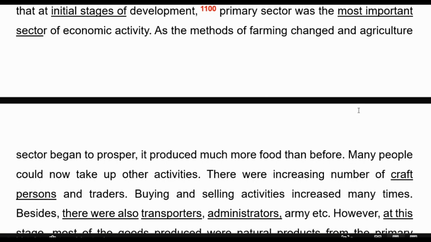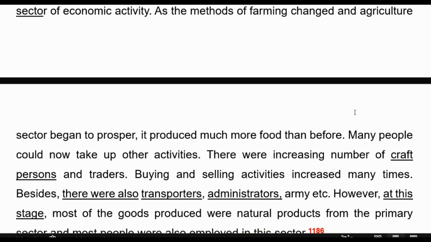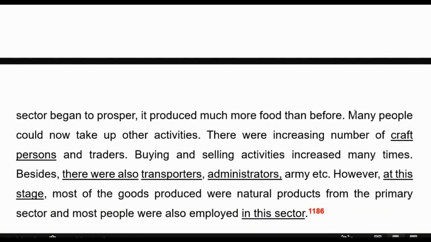There were increasing number of craft persons and traders. Buying and selling activities increased many times. Besides, there were also transporters, administrators, army, etc. However, at this stage, most of the goods produced were natural products from the primary sector, and most people were also employed in this sector.